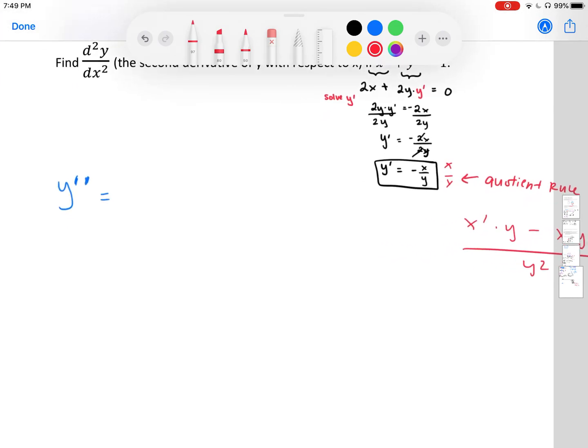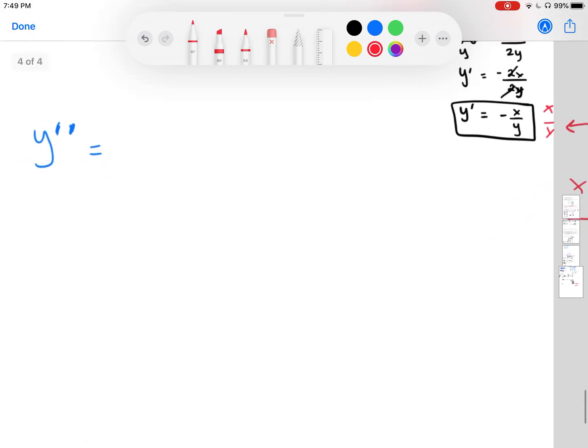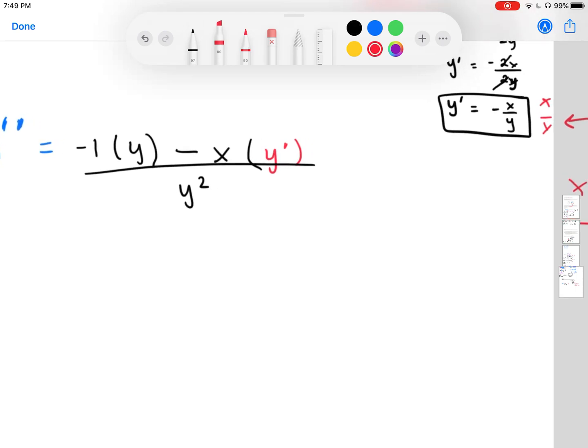So that's our formula. So our derivative would be negative 1 if I attach the negative to the x, times y, minus the derivative of y times x. The derivative of y is 1, but we need a y prime, divided by y squared.